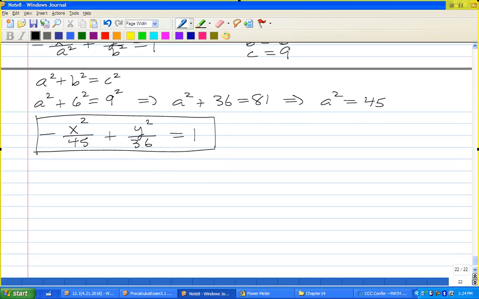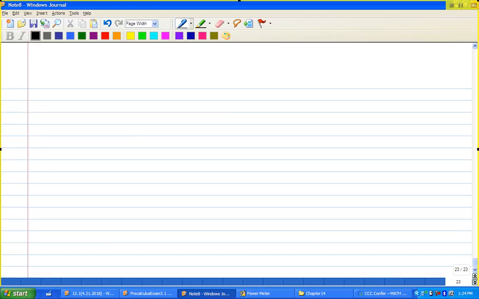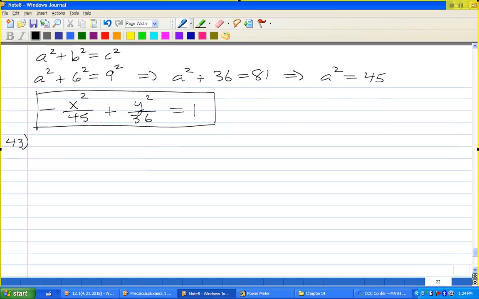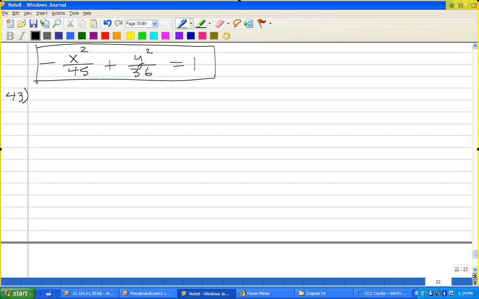43. 9x squared minus 16 times y minus 1 squared is 144.